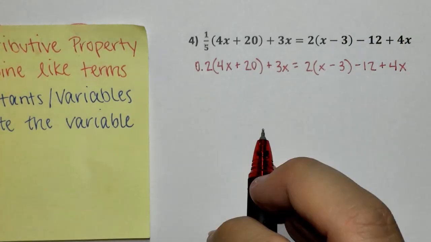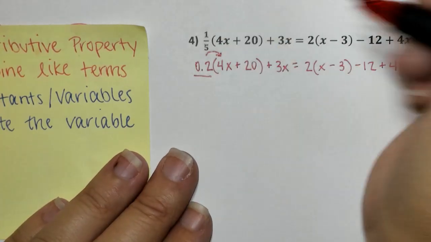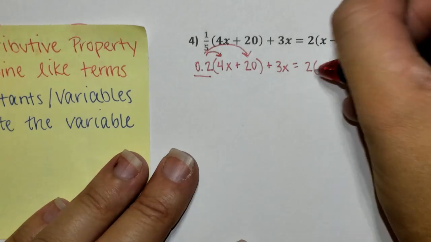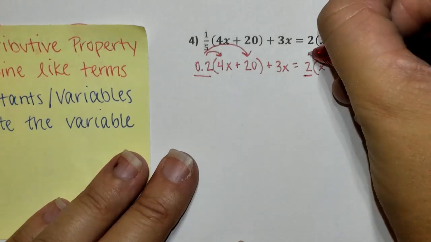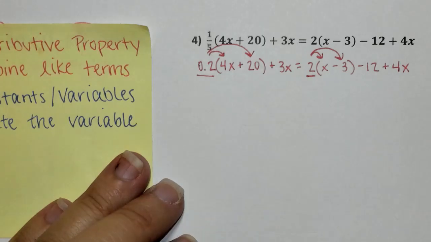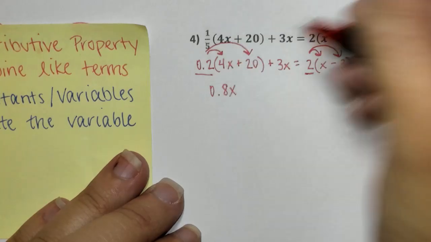Okay, now distributive property. That 0.2 is getting distributed to the 4x, and it is getting distributed to the 20. The 2 is getting distributed to the x and to the negative 3. So 0.2 times 4x is going to be 4/5 x, which is 0.8x. You can use your calculators for this.